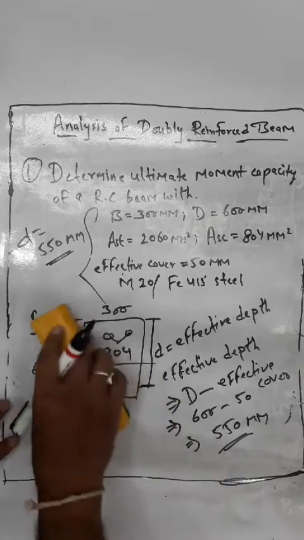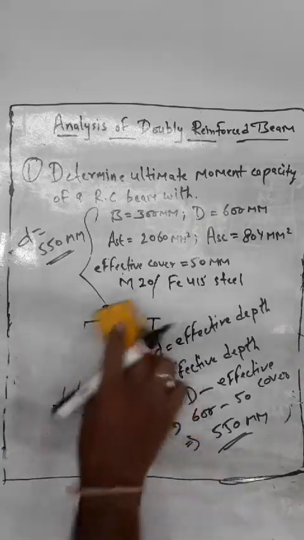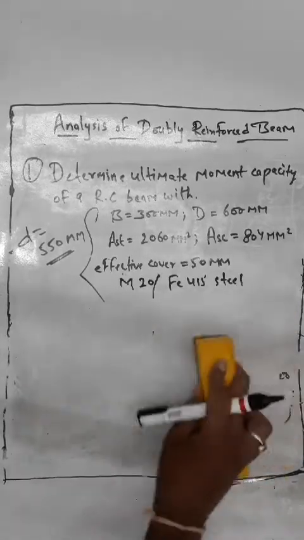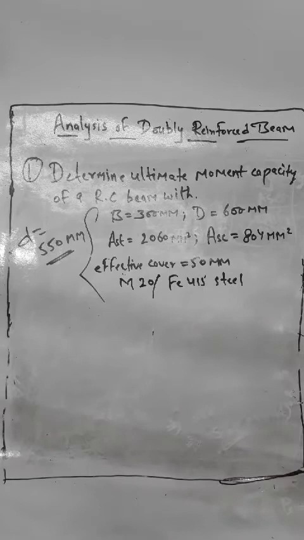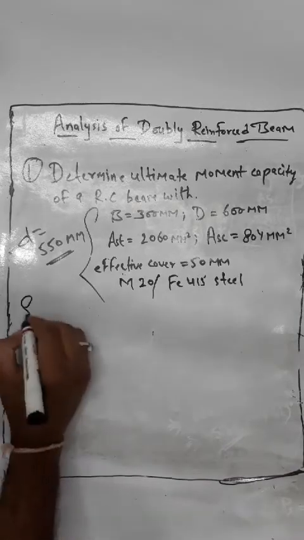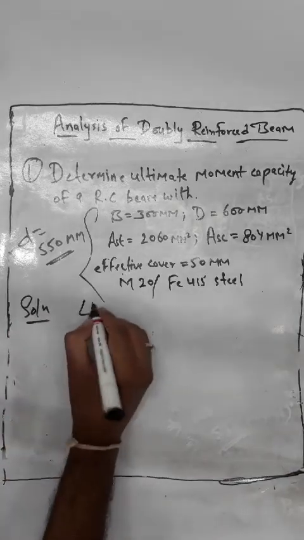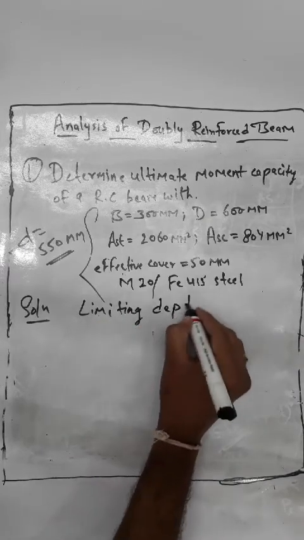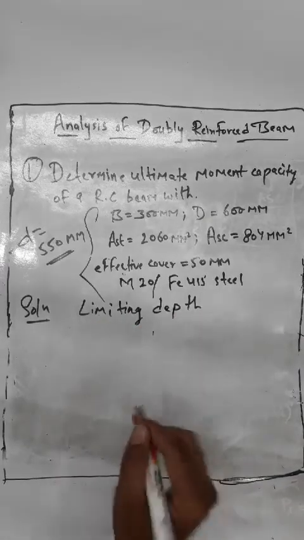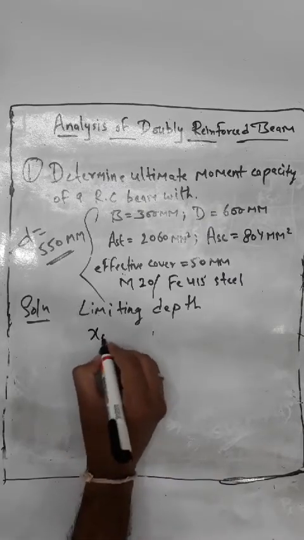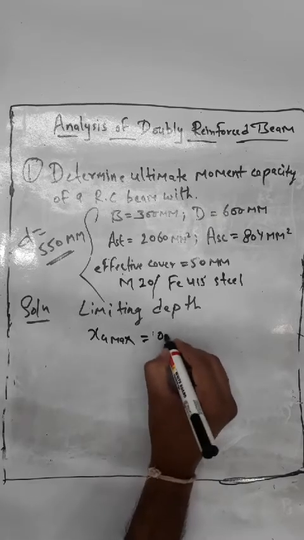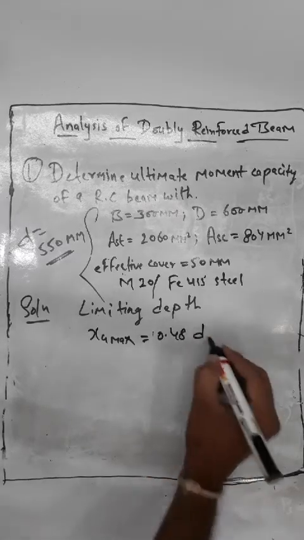Now we have to first find the limiting depth. We have one formula for that. For Fe415, we know that XU max or XU limit is equal to 0.48 d.